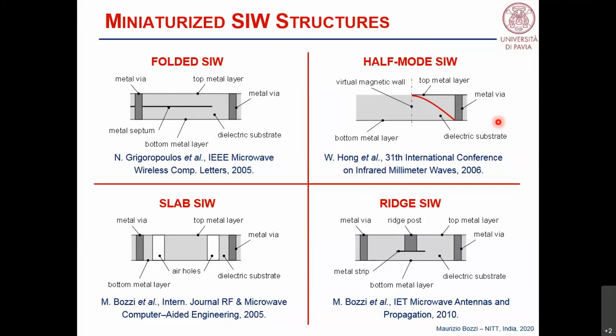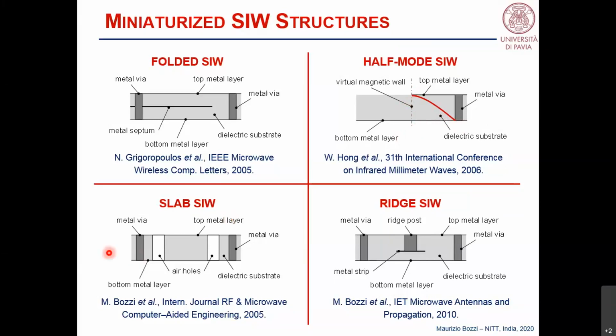And the advantage is that in this way, you reduce the width of the SIW by a factor 2 without the need of using a dual layer technology. You still use a single layer technology and you have a reduction by a factor 2 of the width. Of course, you can have some small leakage, but in most cases, especially for transmission lines, this is more than okay.